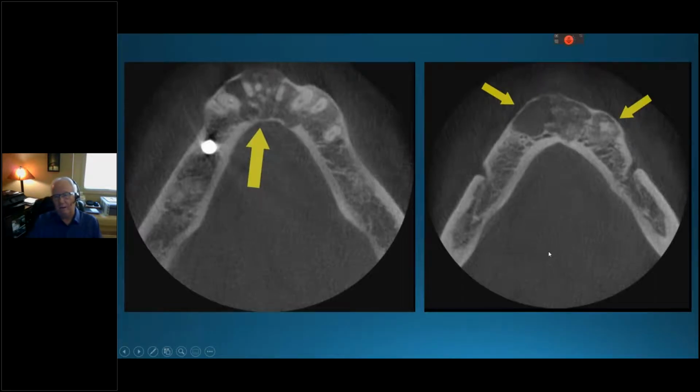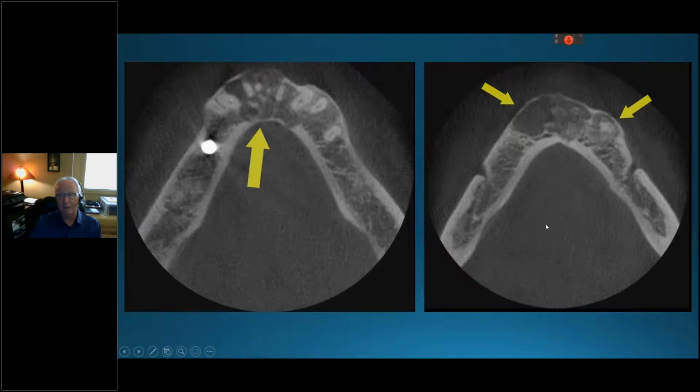Same type of case, you can see a large, this almost looks expansile and kind of is, but there's multiple areas of opacity within this radiolucency. None of the multilocular lesions do that except perhaps the Gorlin cyst, and it doesn't have that much opacity within it, just 1 or 2 flecks, possibly a Pindborg tumor.